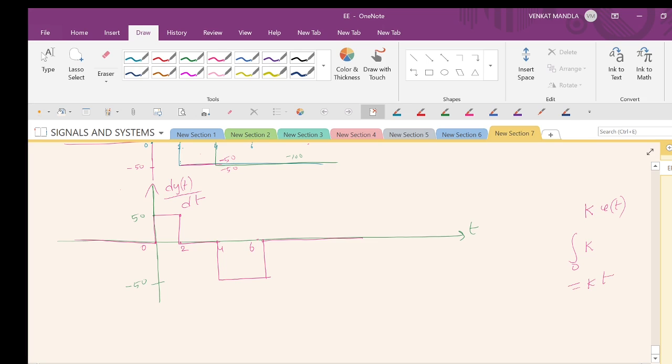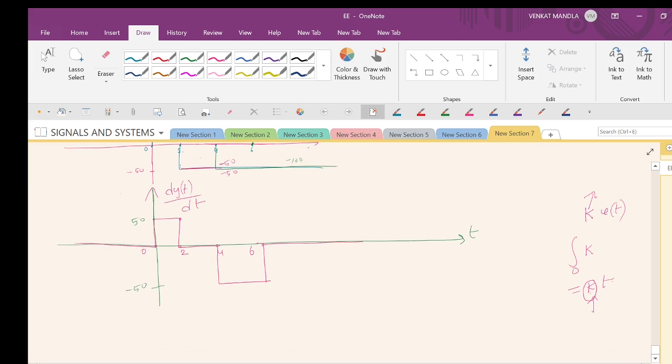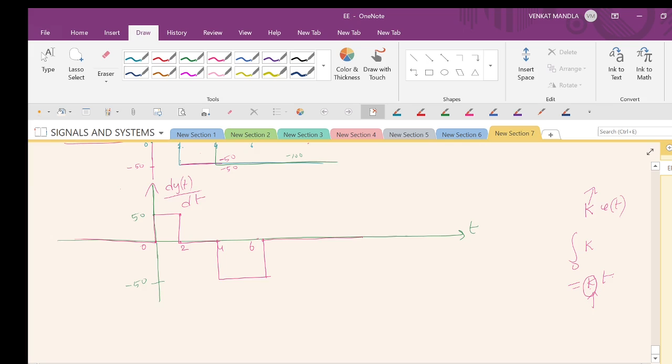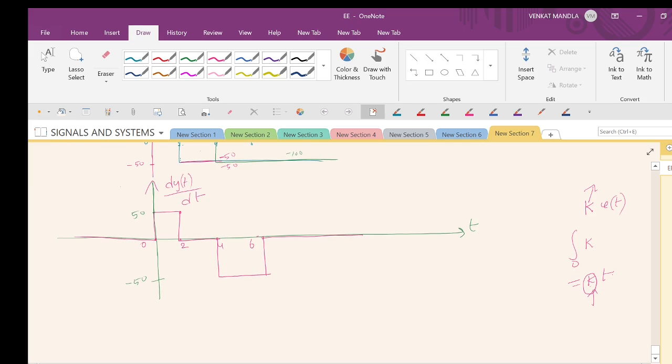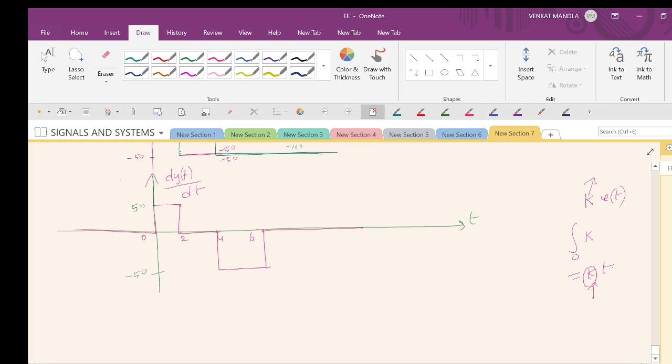So k is the step size, but here it became the slope of the ramp, k into t, y equals mx. So if you want to integrate the signal, we need to replace the step function by the ramp signal with the slope of the step size.